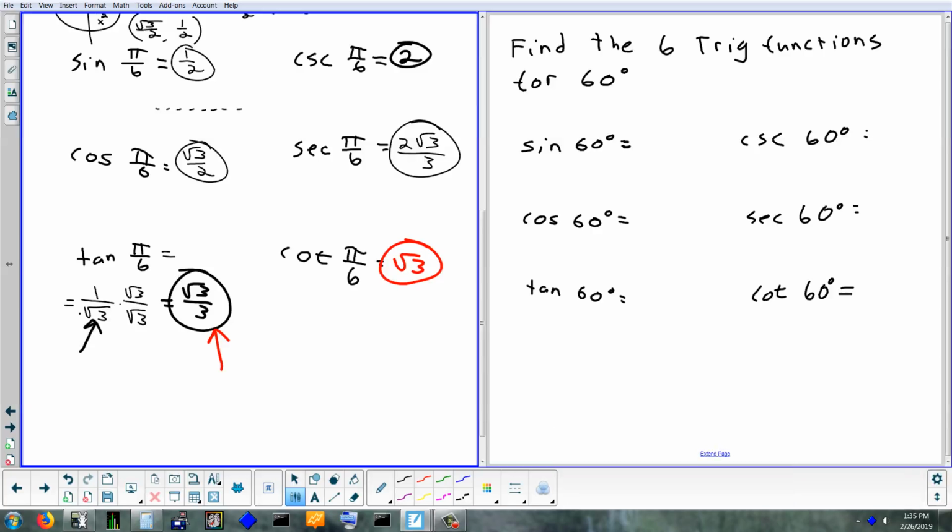So what is the coordinate for 60 degrees? It's 1/2, square root of 3 over 2. Yeah. So 1/2 is the short side. That's going to be on the bottom. Square root of 3 over 2 is the tall side. That's going to be the height.